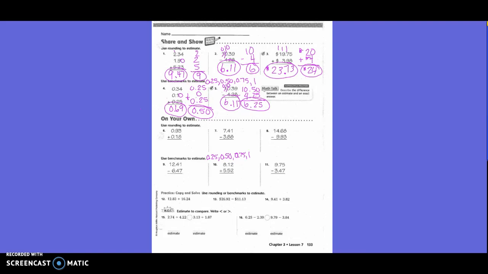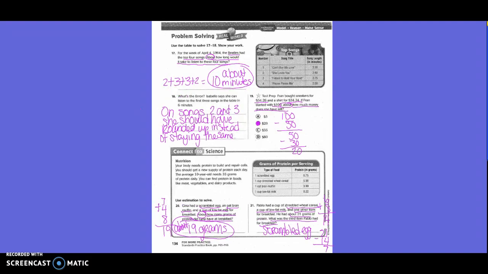And then don't forget you need to do estimates over here as well. Alright, so we went ahead and said what we estimated each thing to, and then whether it was greater than, equal to, or less than. Alright, so this is what we did for page 134 with information, work, and answers.